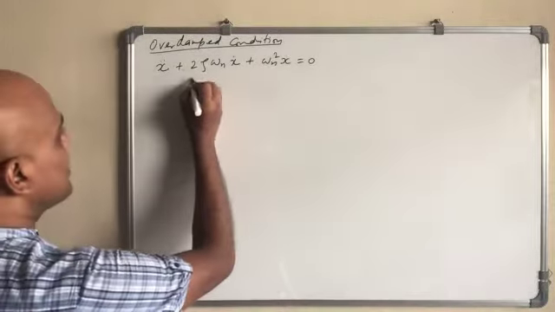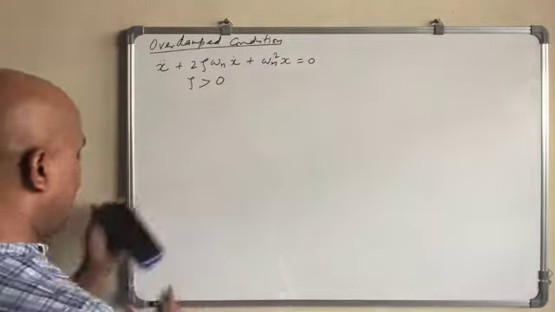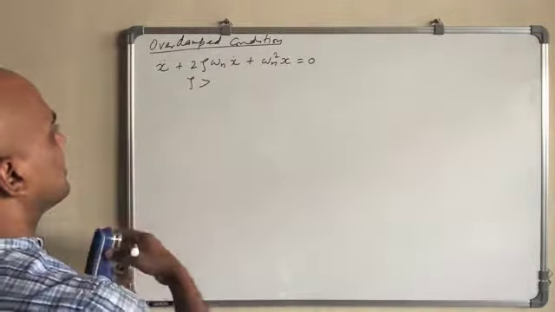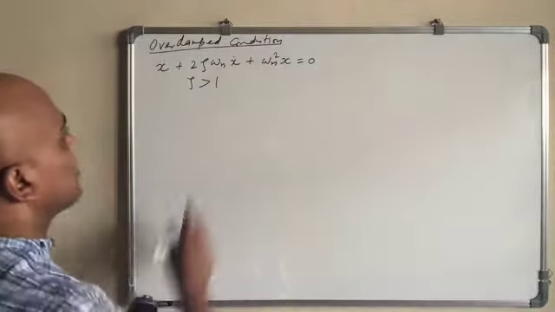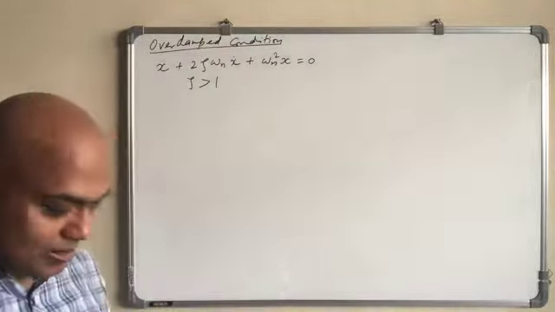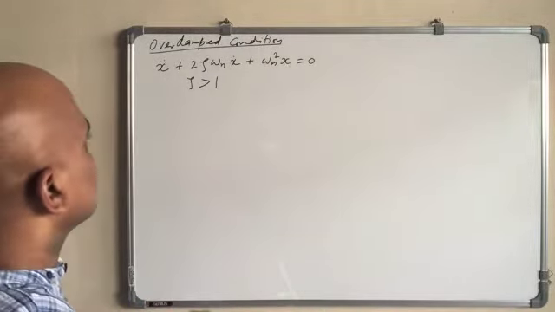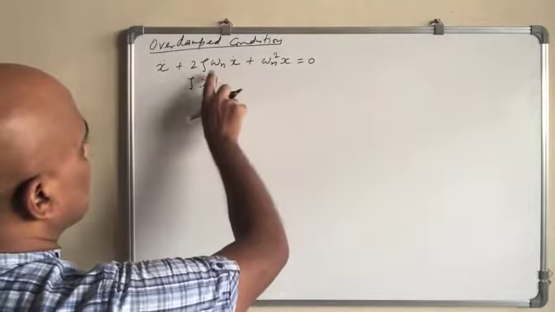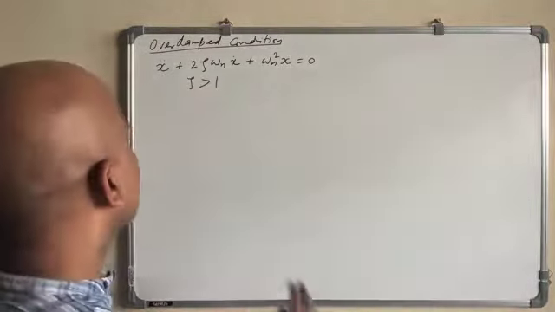And what we know here is zeta is greater than 1, because this is the overdamped condition. Okay, so that really means that... I will come back to what I was going to say.